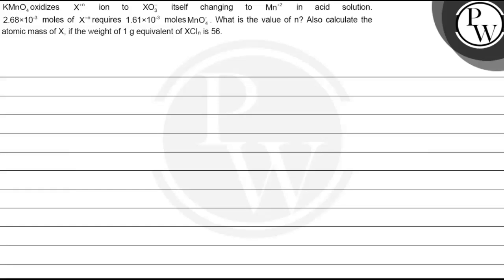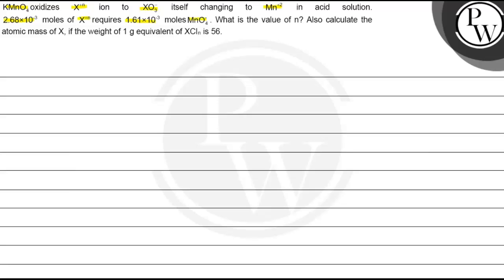बच्चों, let's see the question, and the question says KMnO4 oxidizes Xn+ ion to XO3⁻ ion, itself changing to Mn2+ in acid solution. 2.68 × 10^-3 moles of Xn+ requires 1.61 × 10^-3 moles of MnO4⁻.